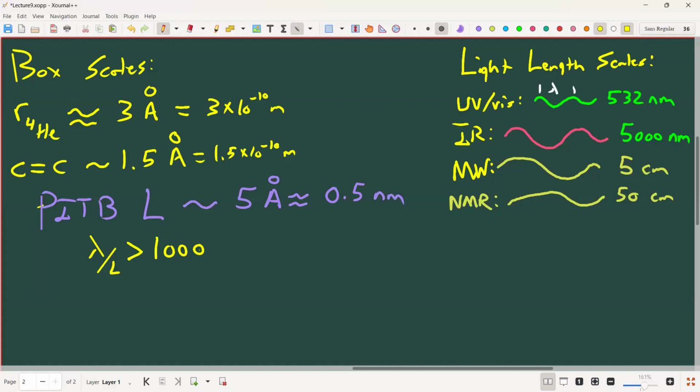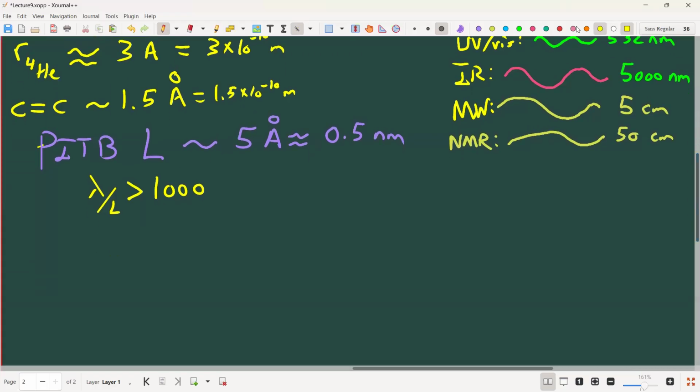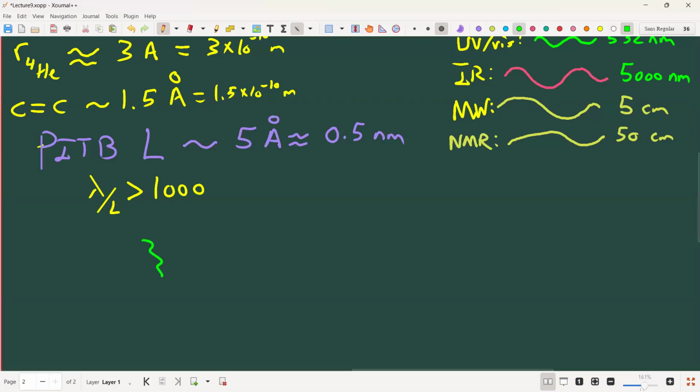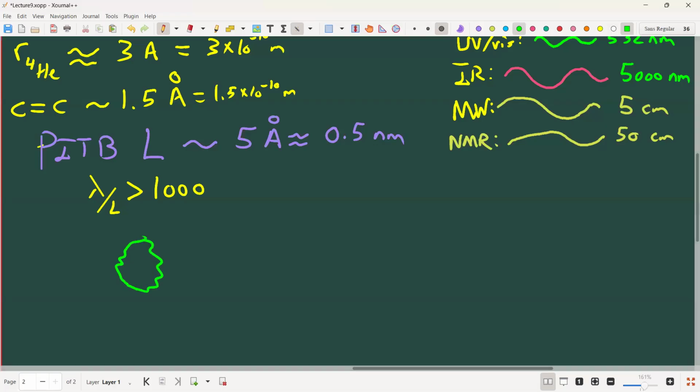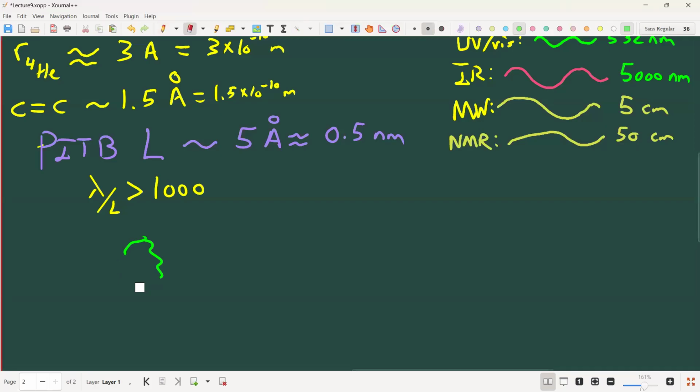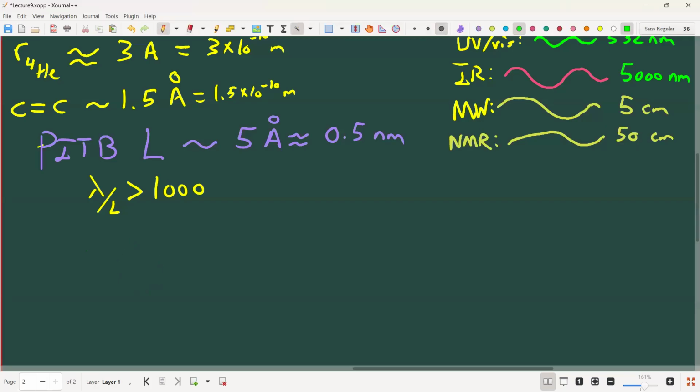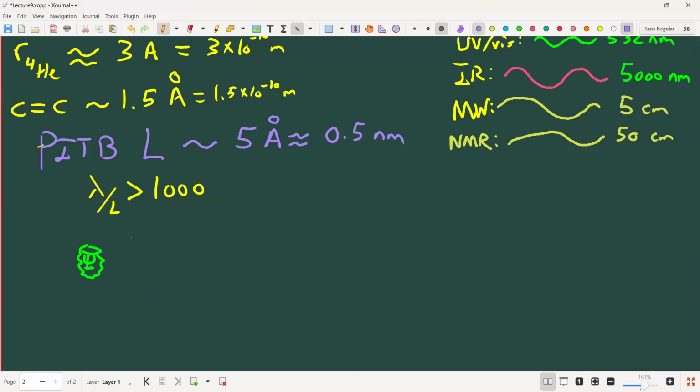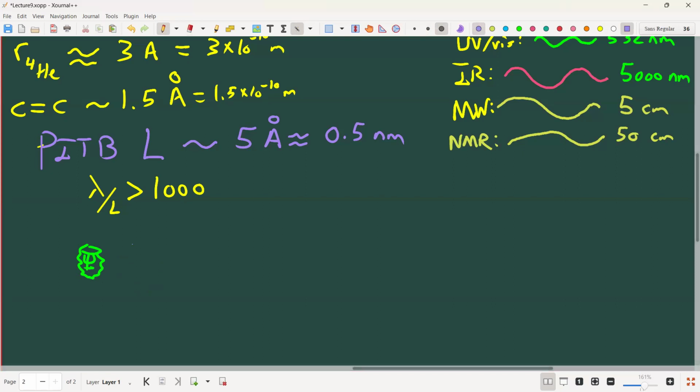So really, the perspective we should be looking at is that if this is my little box, well, let me make it even smaller than that. This is my little wave function, a little system. The waves come at it not like sines, but just like straight lines.